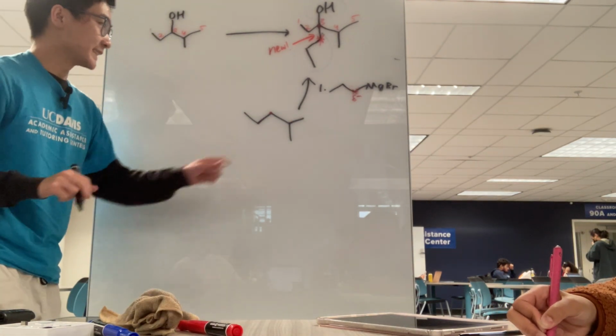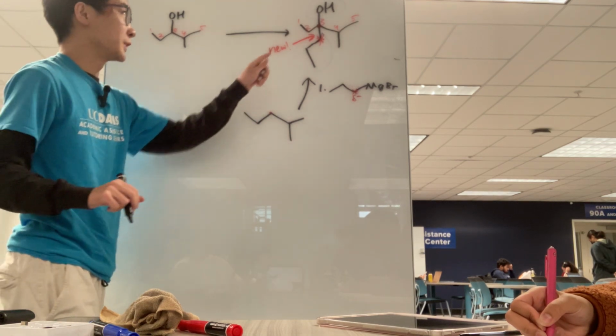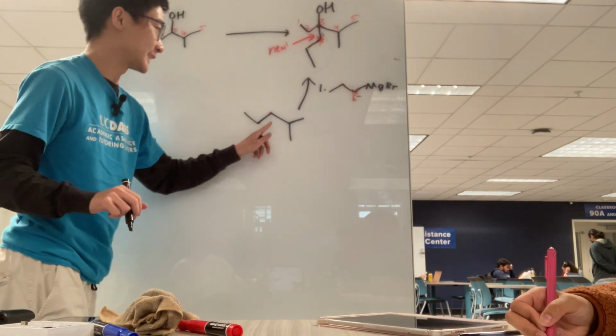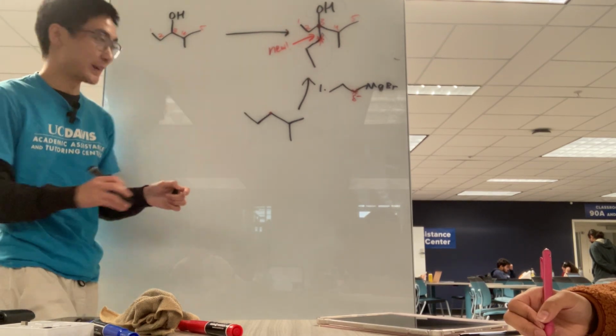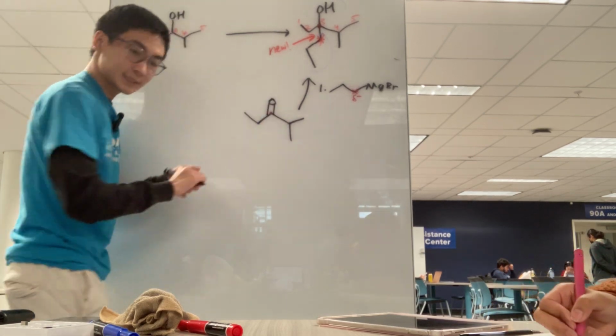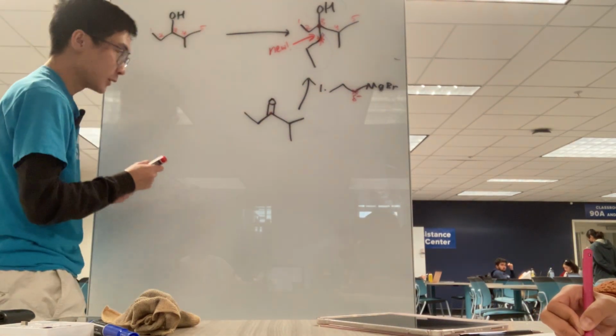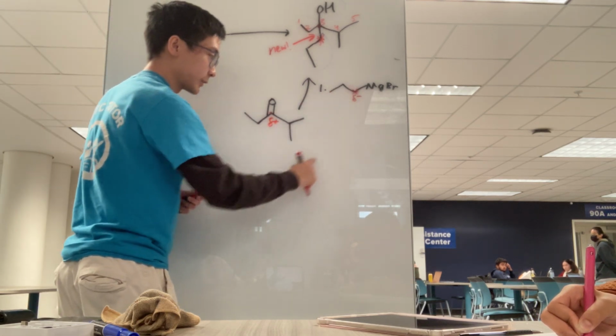Now, what do you think was here at this dot carbon before that would produce this alcohol when this star attacks that dot carbon? A ketone, right, a carbonyl, carbon double bond oxygen, because this carbonyl carbon is the electrophile, with partial positive charge, that is going to get attacked by that star carbon.